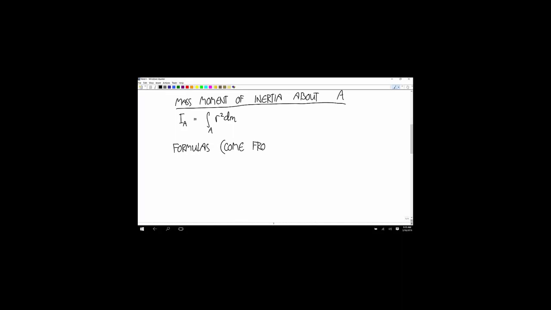They come from the integral definition, for simple shapes. You don't have to use the integral definition very often, maybe never, because if you come up with a shape that you don't know the formula for, you just ask your smarter friend to derive a formula, and then you use the formula.